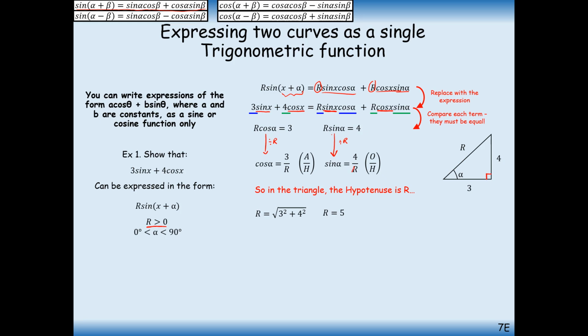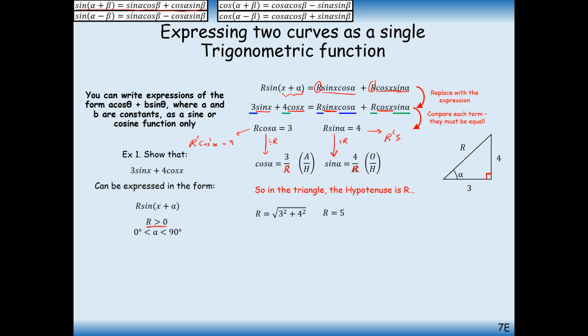You always end up with the same value of R in these two expressions, so you will use Pythagoras' theorem. That's much easier. Now I can show you the long-winded process, which is to square both sides here. R squared cos squared alpha equals 9, and square both sides of this equation.